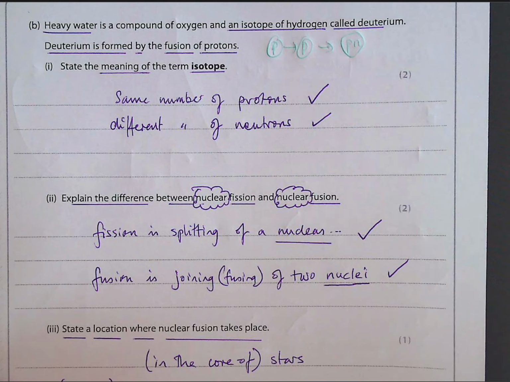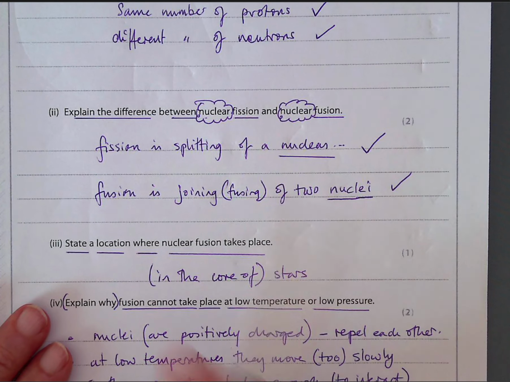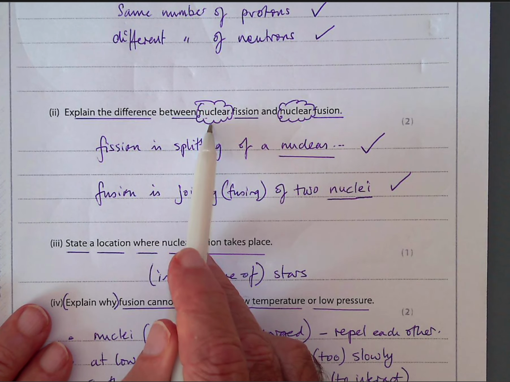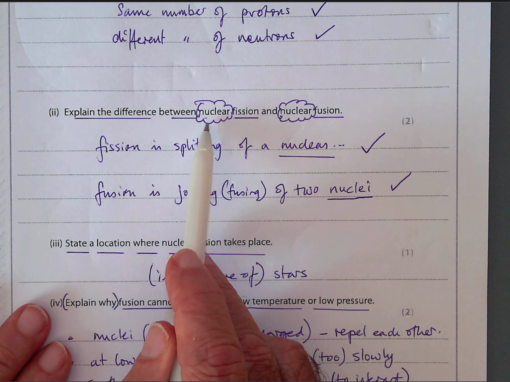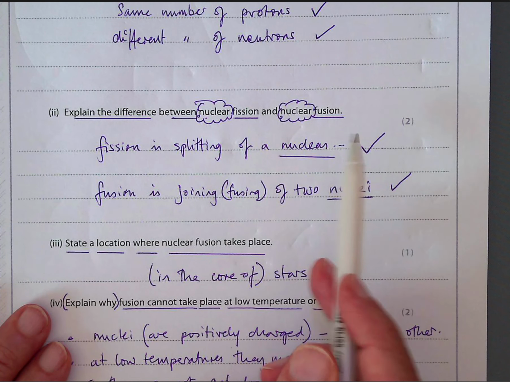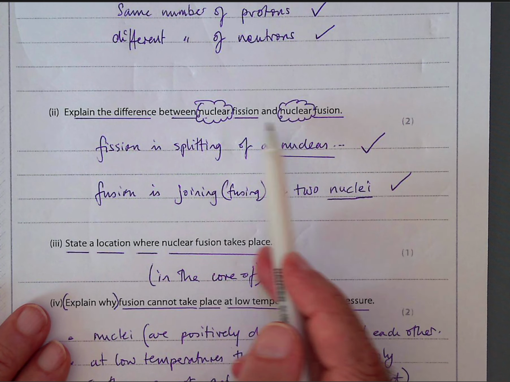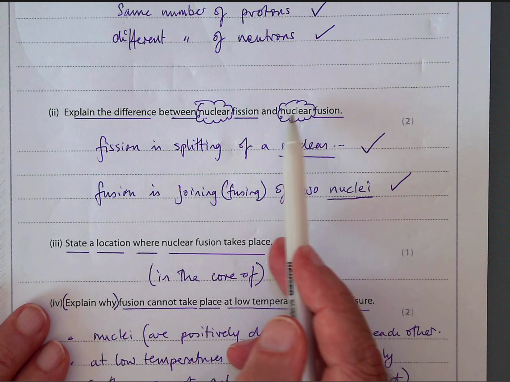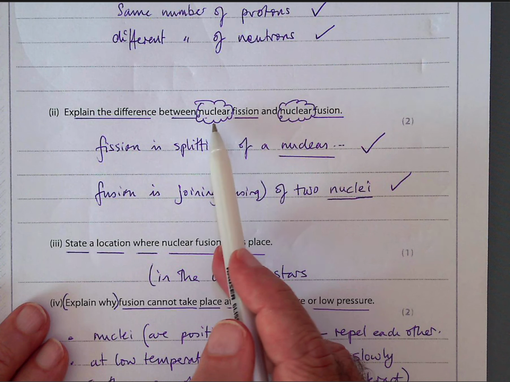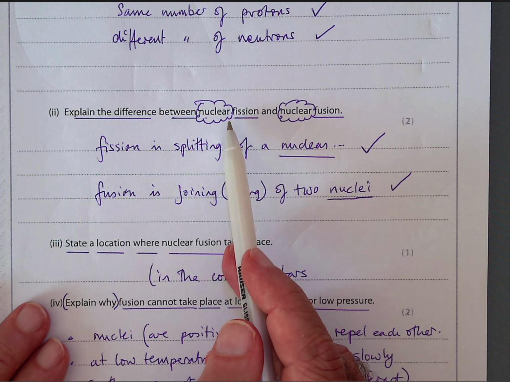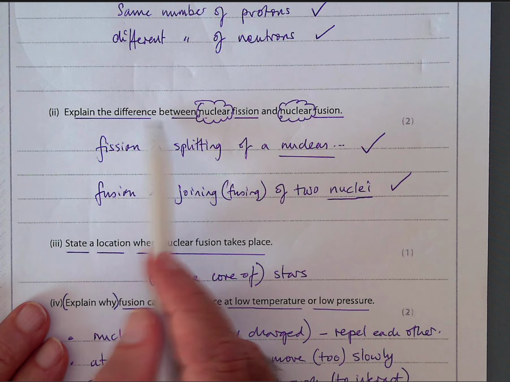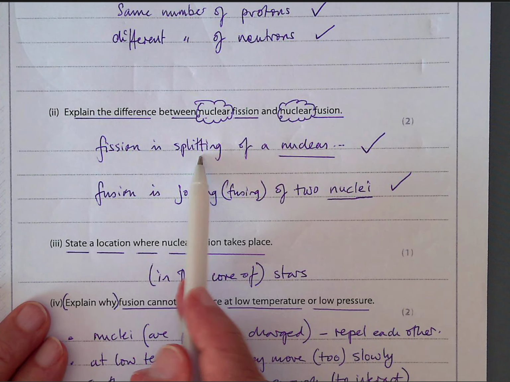It then wants you to explain the difference between nuclear fission and nuclear fusion. I've put these in bubbles to make sure you know it's nuclear, because 1 or 2 students were confusing nuclear with atoms. In radioactivity, we only deal with the nucleus, we don't deal with the atom. So explain the difference between them. Fission is splitting of a nucleus.